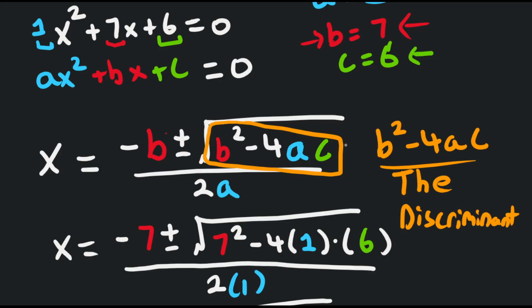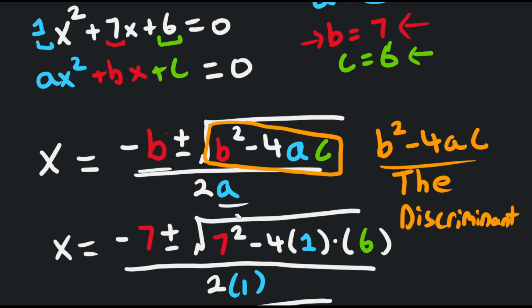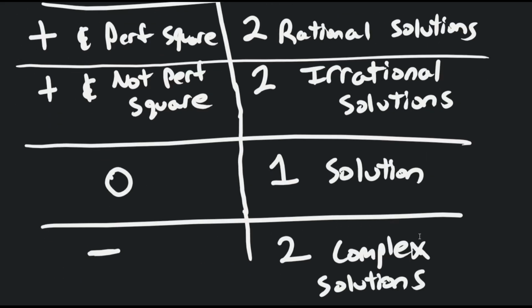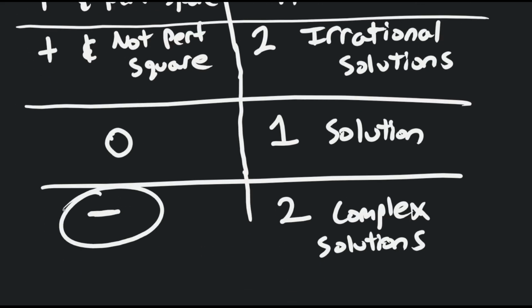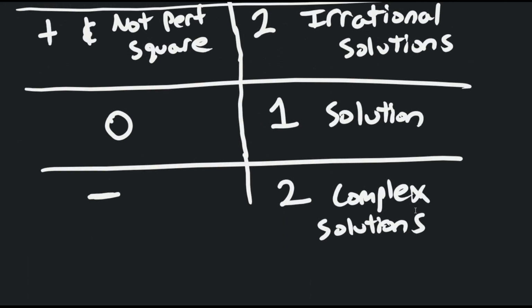So if what's underneath the square root is a negative number, then taking the square root of a negative number will lead to an imaginary number, thus making this entire solution a complex number because these will be real numbers, b and a, and the square root of a negative will come out to an imaginary number. So you will get complex solutions. So if the discriminant is negative, if it's a negative number, that means you have two complex solutions.